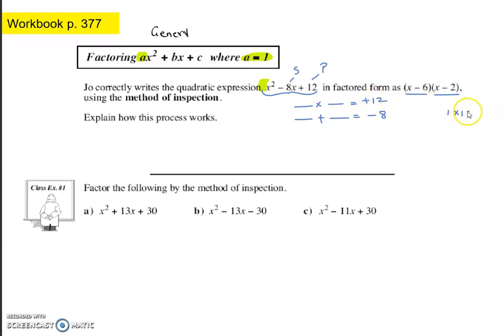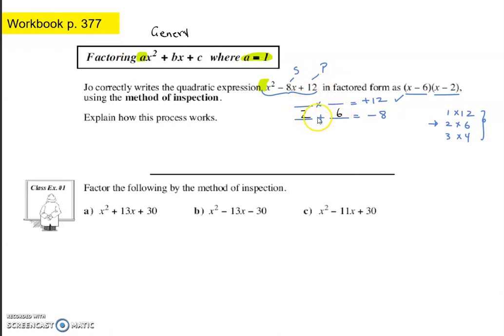There are only a few options: 1 times 12, 2 times 6, 3 times 4, and that's it. That's why I first write down the product. Now I want 2 of these that will either add or subtract to become 8, and the only one that will work here is 2 and 6.